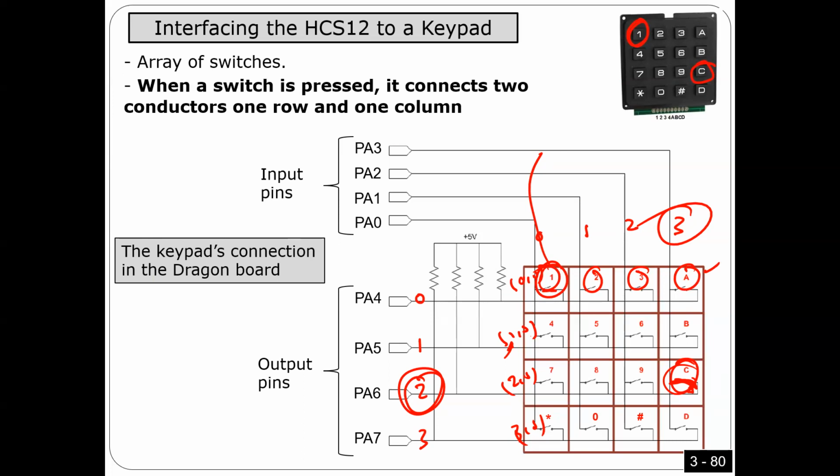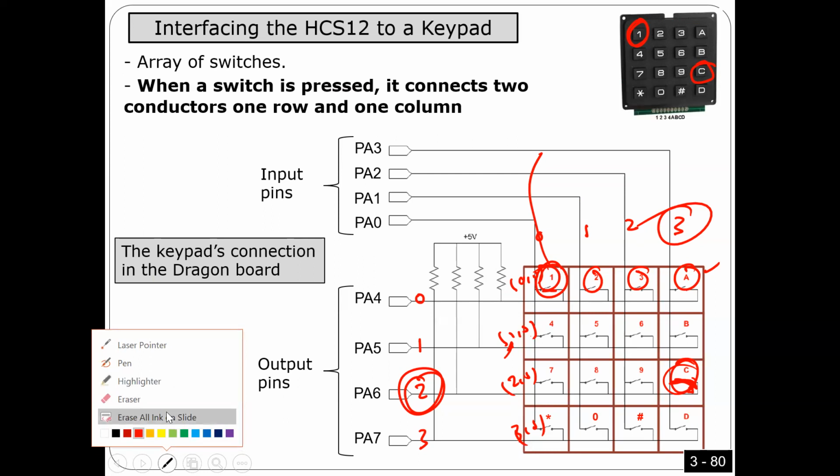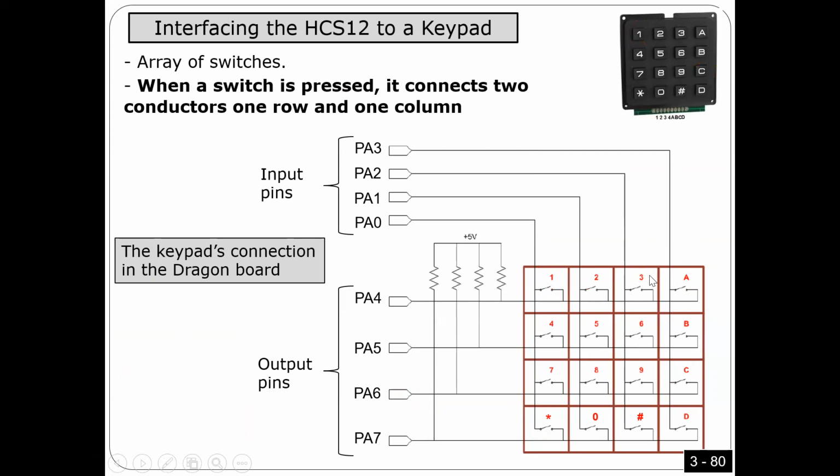So how can I know? I'm going to tell you a very simple and very interesting idea. Let me summarize what I said. We have 4 wires for rows and 4 columns. When you press a button, you connect one row to one column.